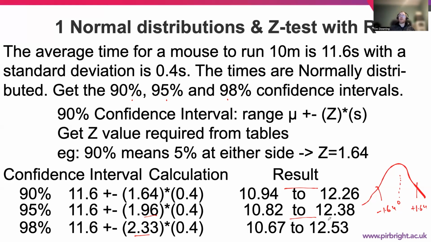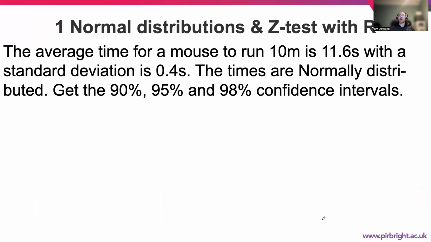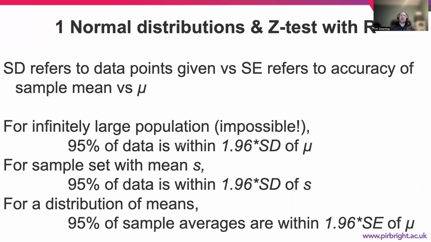So we can summarize what we are talking about here in simple terms: a standard deviation refers to the data points that we have, whereas the standard error refers to the accuracy of the sample mean compared to the population mean. And therefore, for an infinite population, which is not possible, we can say that 95% of the data lies within 1.96 standard deviations of the population mean.